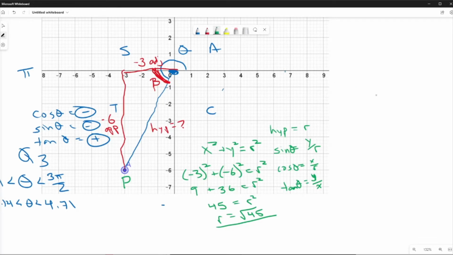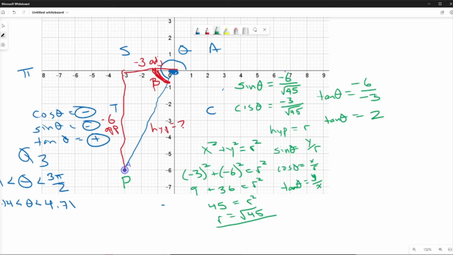So for our question, the sine of our angle is the y-coordinate, which was negative 6, over the radius, which is root 45. The cos of our angle is negative 3 over root 45. The tan of our angle, which is y over x, is negative 6 over negative 3. The tan of our angle is therefore 2. Okay?